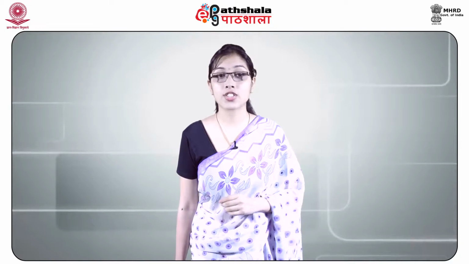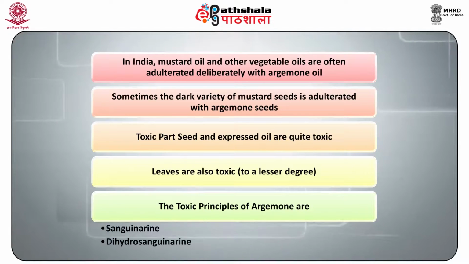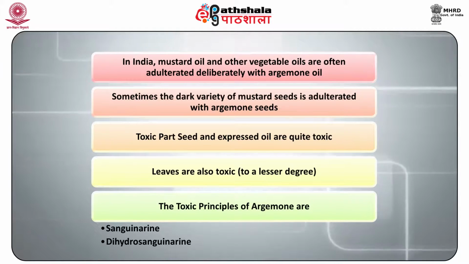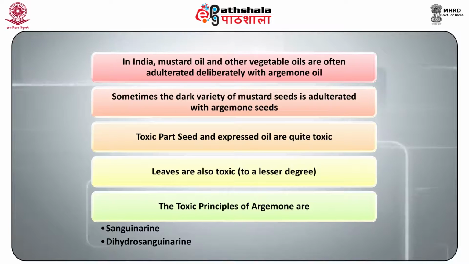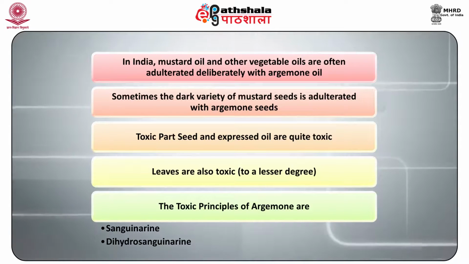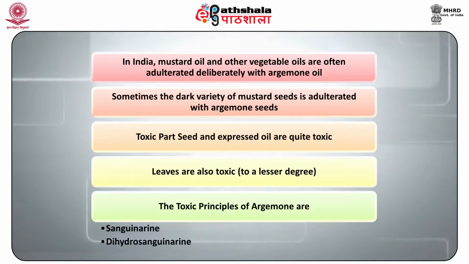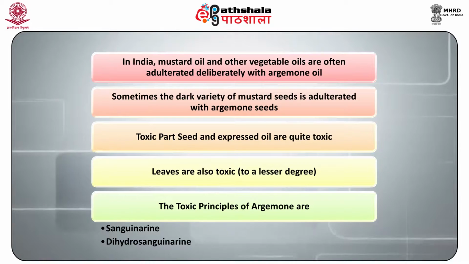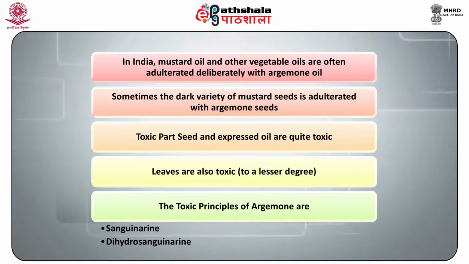There is no legitimate use for the argemone seeds or the oil that is extracted from them. In India, mustard oil and other vegetable oils are often adulterated deliberately with argemone oil. Sometimes the dark variety of mustard seeds is adulterated with argemone seeds.